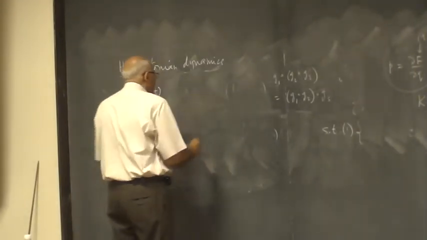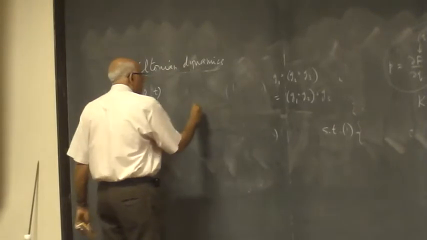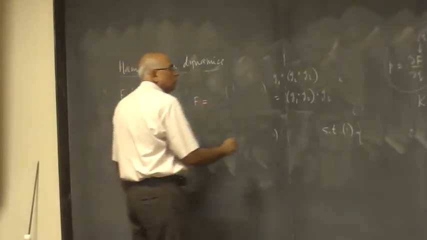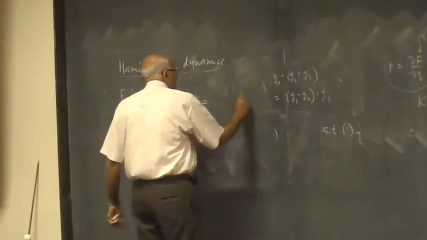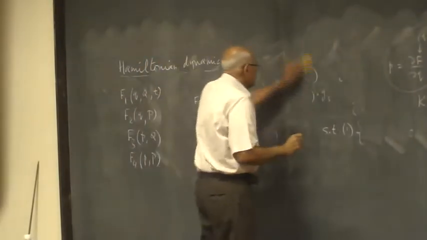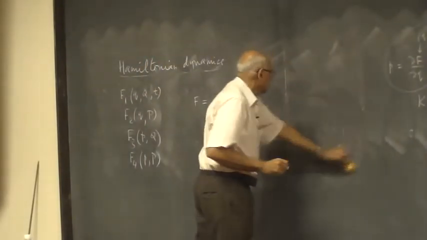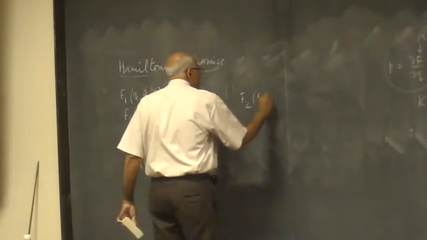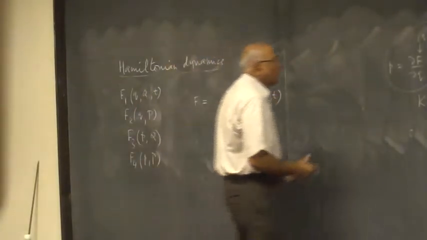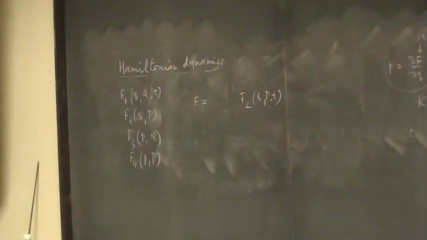So I start by saying, instead of F, I'm going to use an F which is equal to F2 of q, P and t. And look at what this was, by the way, all this was F1. That's what I worked out here.